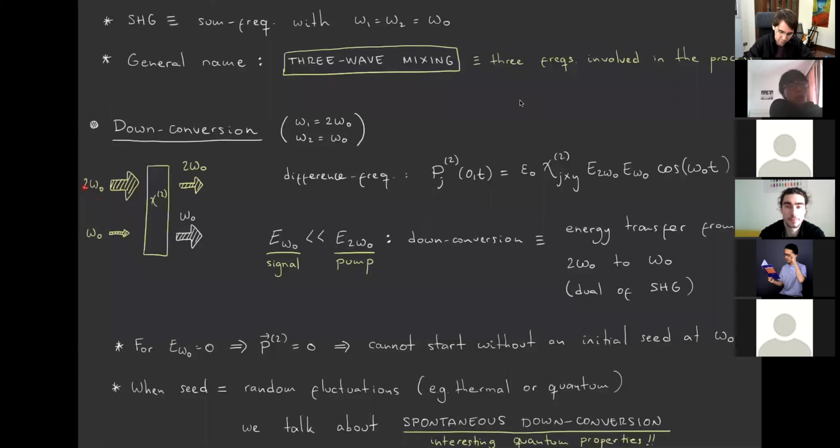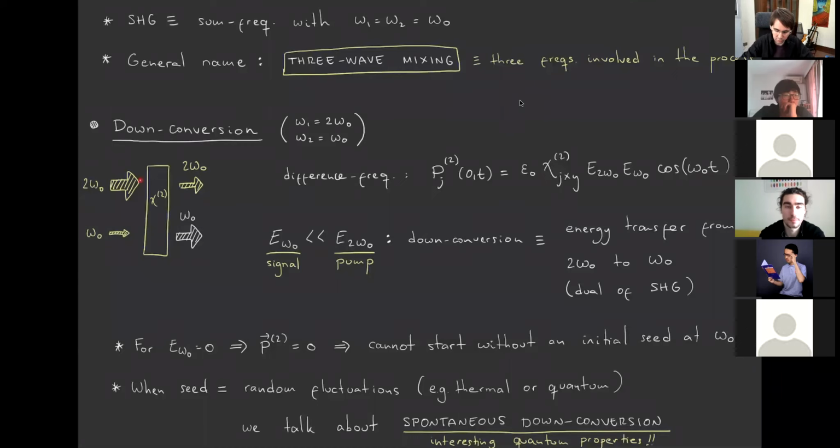at frequency 2 omega 0, the nonlinear effects in the crystal can transfer energy from this beam at frequency 2 omega 0 into another beam at frequency omega 0, so at approximately half the frequency.